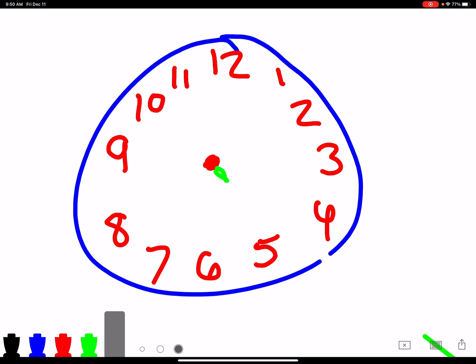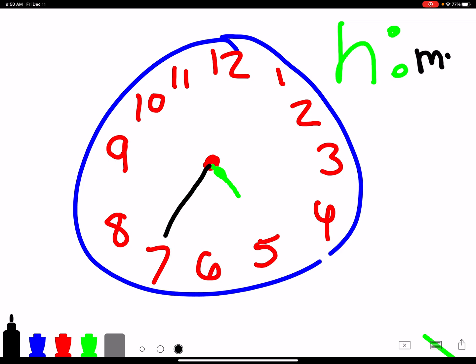Or no, we can make it the shorthand. Yeah, I don't know what happened to my screen, but the shorthand represents the hours, and the hours are written first. And then we have a longer hand, which represents the minutes. So we have a shorthand, a long hand, and the longer hand means the minutes.